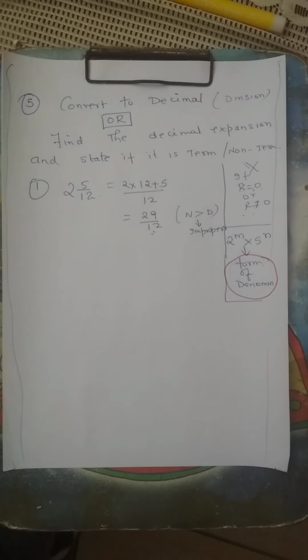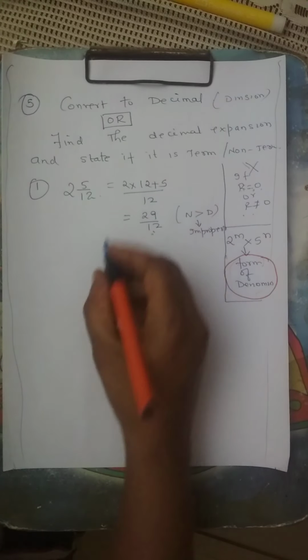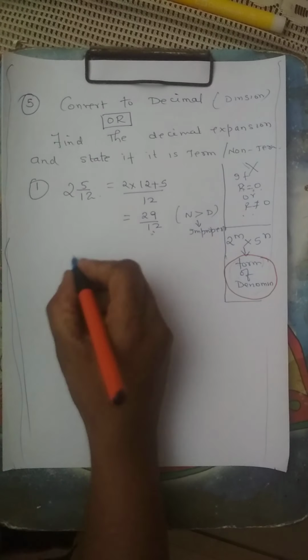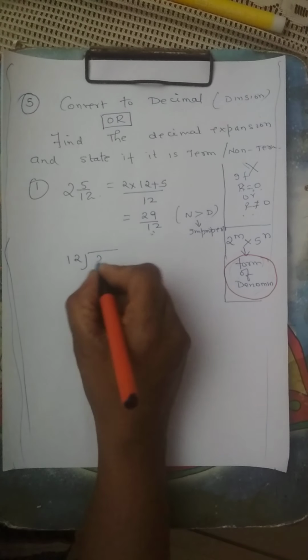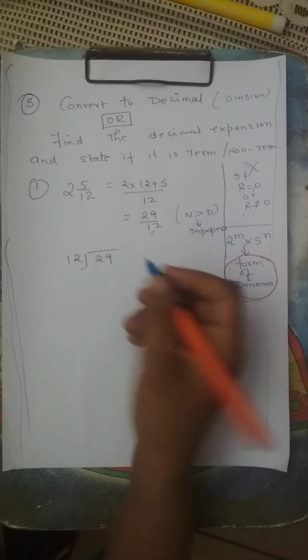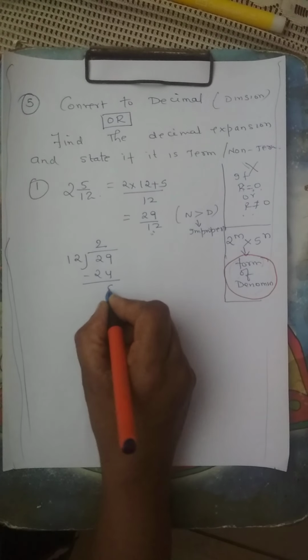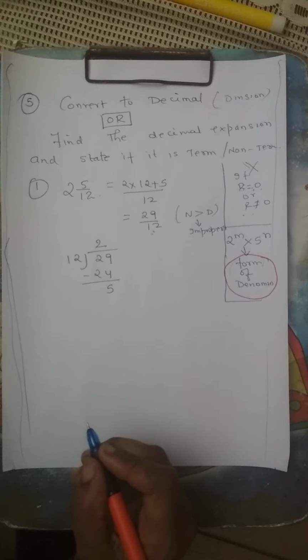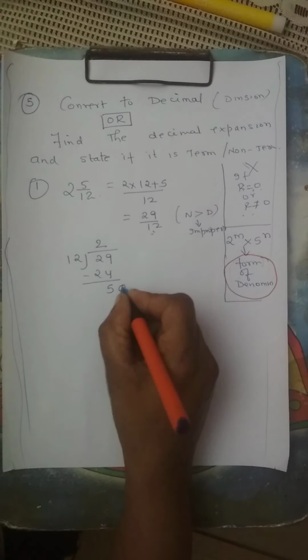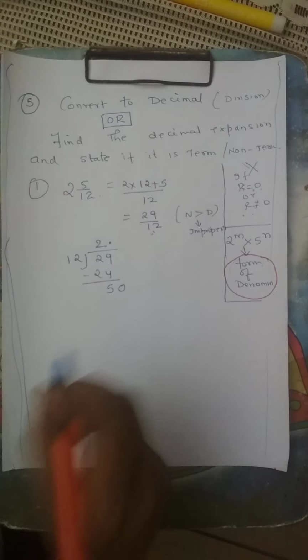Okay? Now, how to do this? Let's do it. 12 2s are 24. Now, what to do? This 5 is smaller, so we borrow. Don't forget, we have to put a point when we borrow.